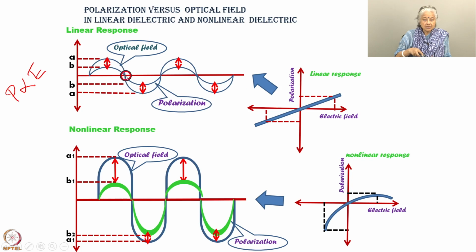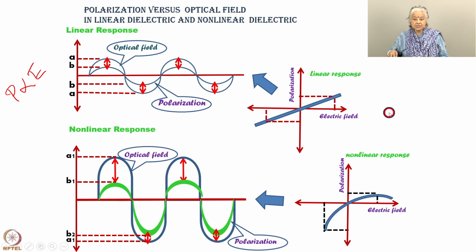So, it nicely follows the electric field, and the frequency of that polarization is the same as that of the light which is incident. Here, if you see the difference A and B, this much difference is the same difference here. This is the polarization line, this is the optical field line. So, you just see this difference in amplitude is the same, nothing is changing over time as it goes on.